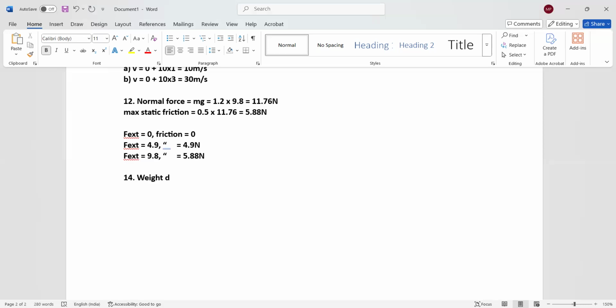Weight down the plane is equal to mg sine 30, which is equal to 5 into 9.8 into 0.5. Answer is 24.5 Newton.